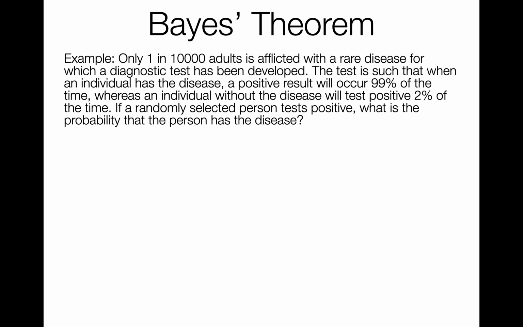So the incidence of this disease is 1 in 10,000, which means the probability of having the disease is 1 divided by 10,000. And that probability is 0.0001. So very small.